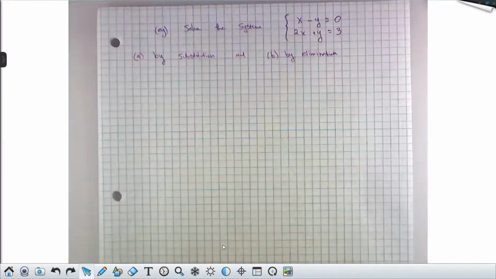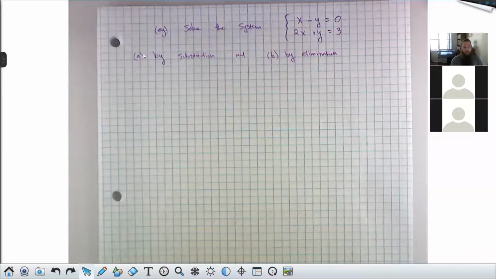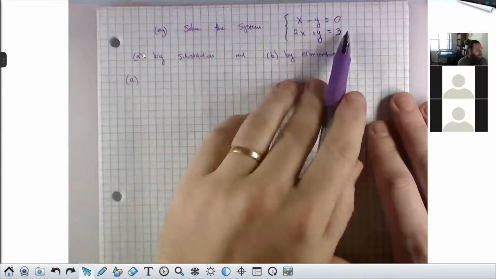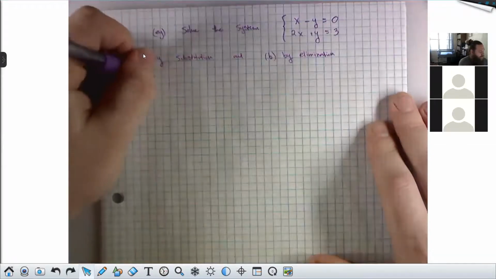My goal here is to convince you that elimination is actually the better method. Okay. To solve this by substitution, remember first we solve one of the equations for one of the variables.